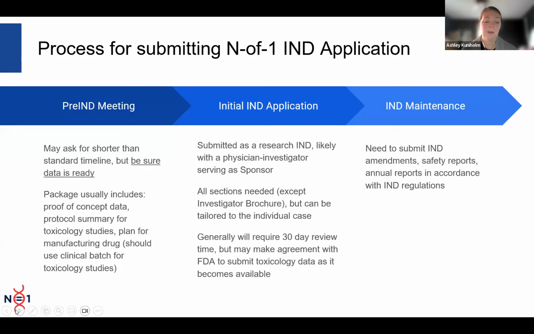If you can make an arrangement with the FDA and tell them, preliminary pathology is going to be available on this date, and the final report's going to be available on that date, we have had experience that the FDA has been pretty amenable to accepting the toxicology data on a more rolling basis. Again, you have to get that agreed to ahead of time.